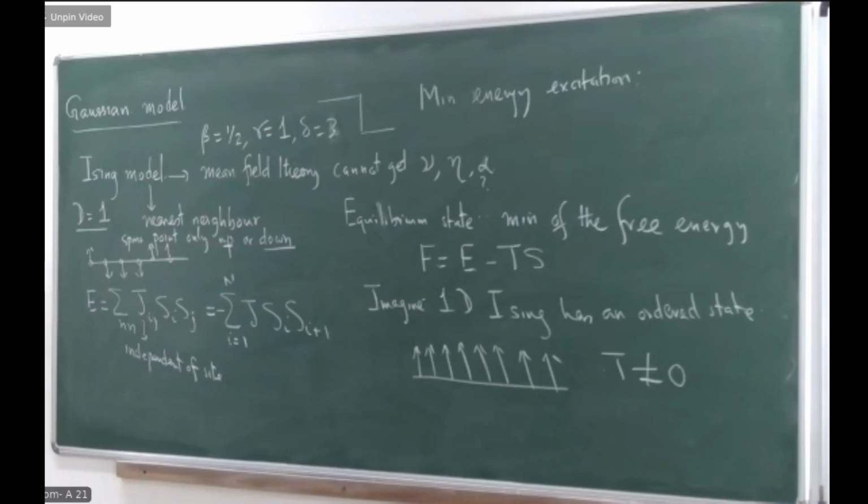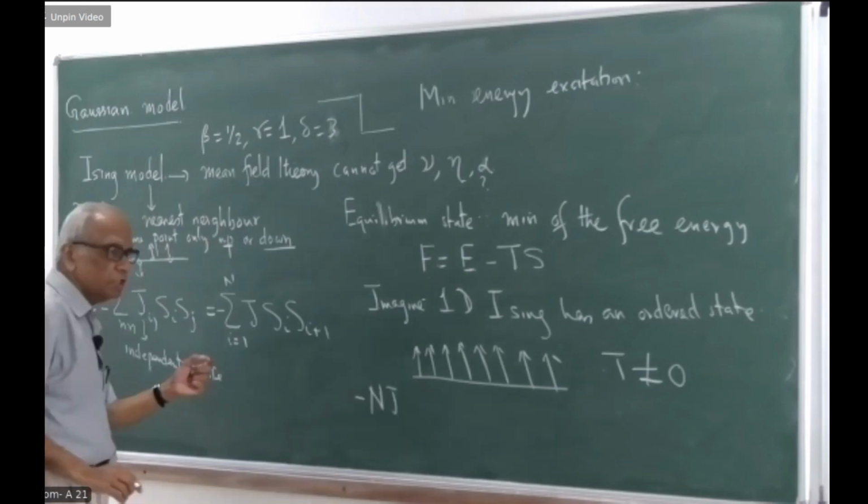So what is the minimum energy cost? This is a configuration. I want to see what the configuration is. So over here the energy is minus n times J.